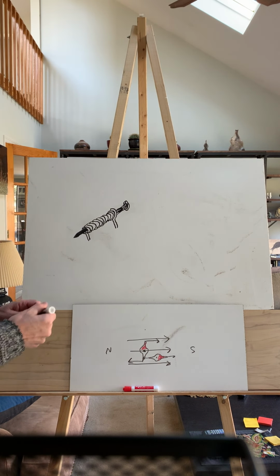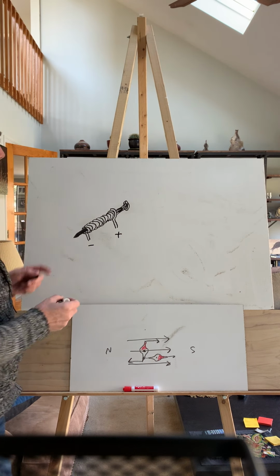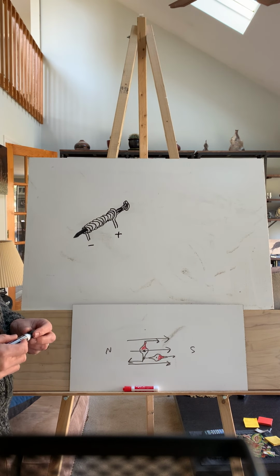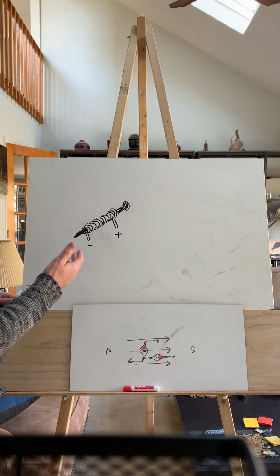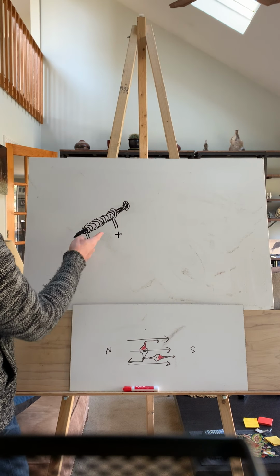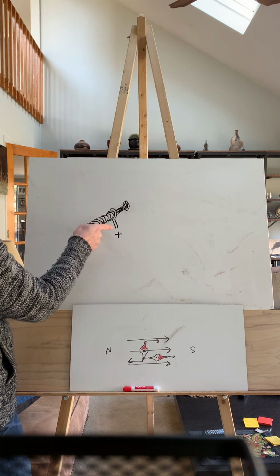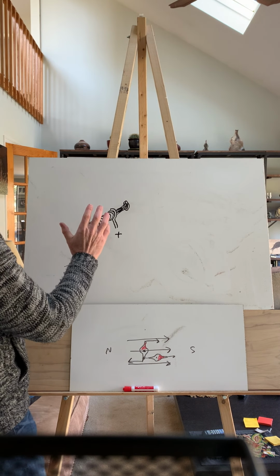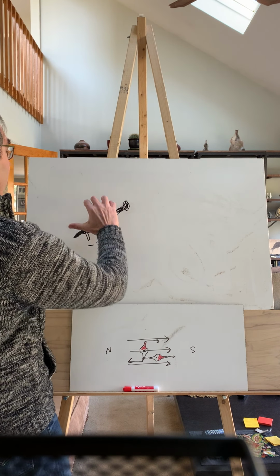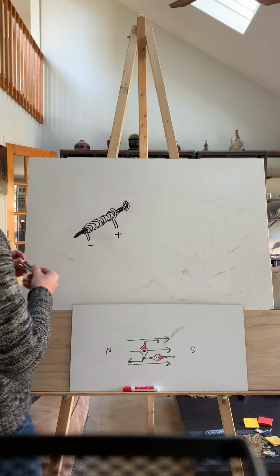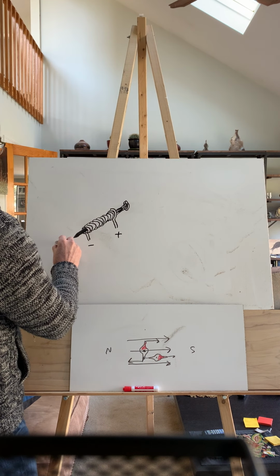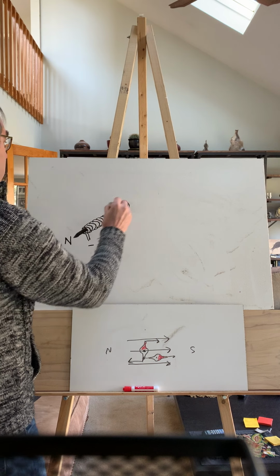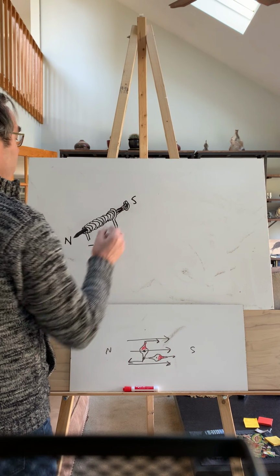And we know that if you run a current through that, it will form a magnetic field inside the solenoid. Right-hand rule number 2 tells us if we wrap our fingers in the direction that the current is physically moving, then our thumb points to the North Pole. So the North Pole is here and the South Pole is here.